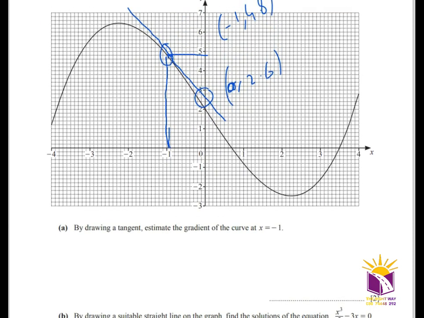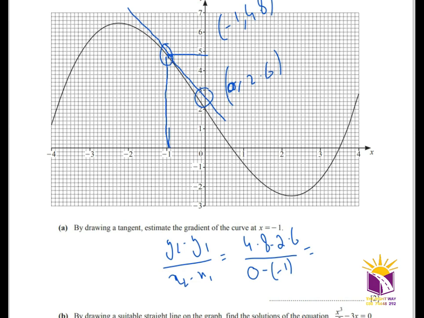So using the formula y2 minus y1 over x2 minus x1, which will be equal to 4.8 minus 2.6 divided by 0 minus minus 1, and it will be equal to 2.2 divided by 1, and your gradient will be equal to 2.2.